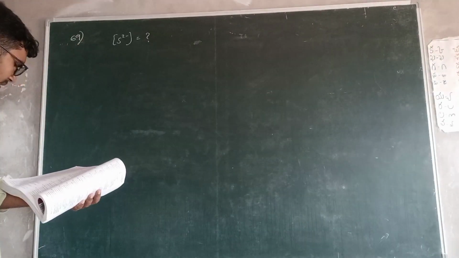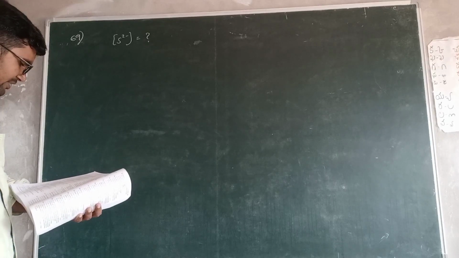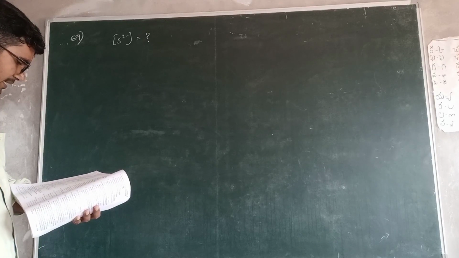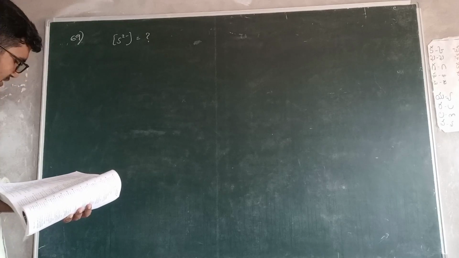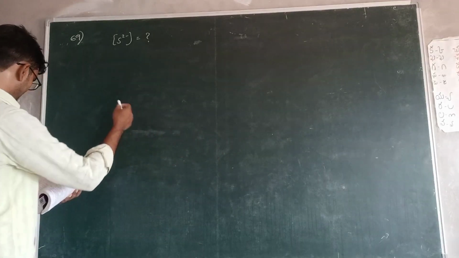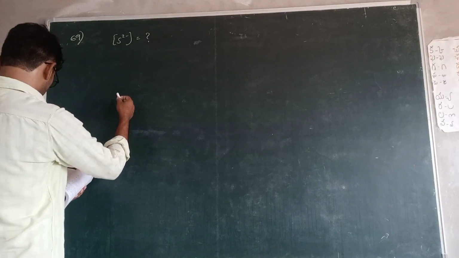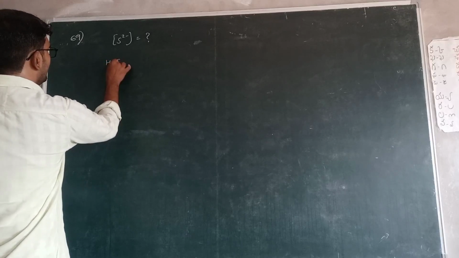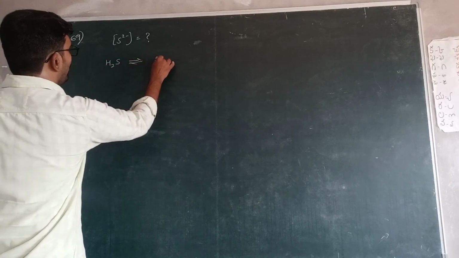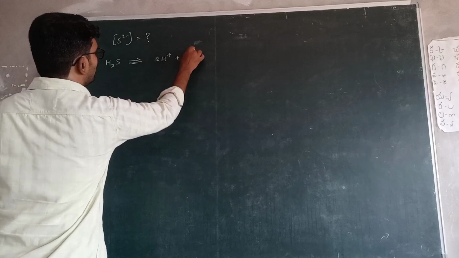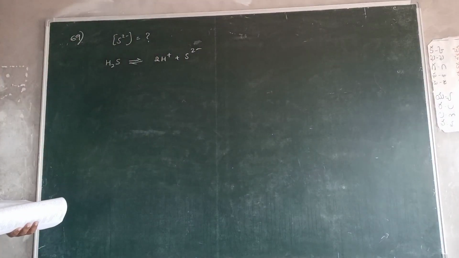What is the remaining given information? 0.1 molarity H2S. Yes, H2S is given. First write it like this: H2S gives 2H plus and S2 minus, directly given.